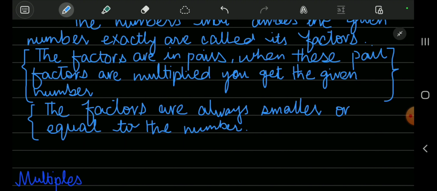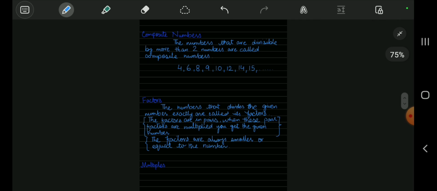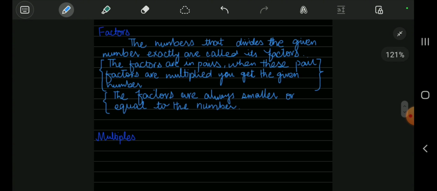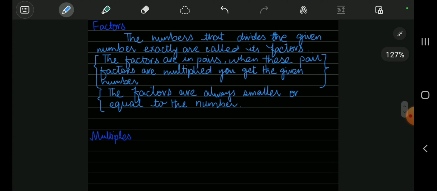Factors can never be greater than the number. Sorry, there is some problem with the writing material. Okay, no problem. Now let's get to the examples.